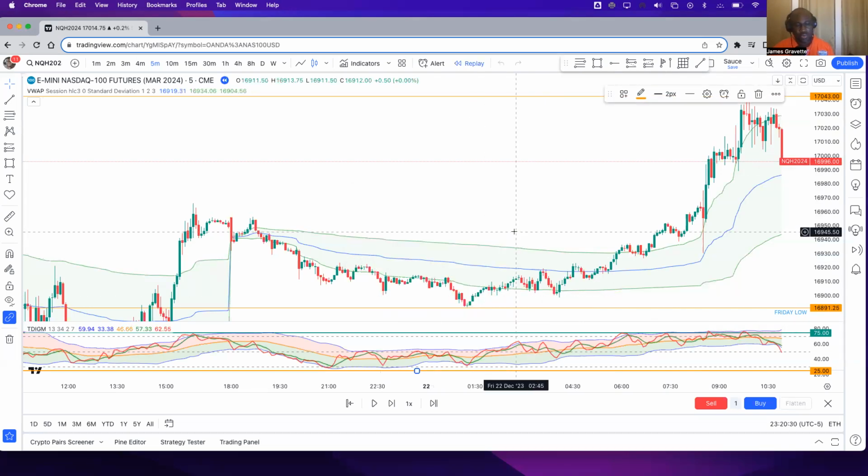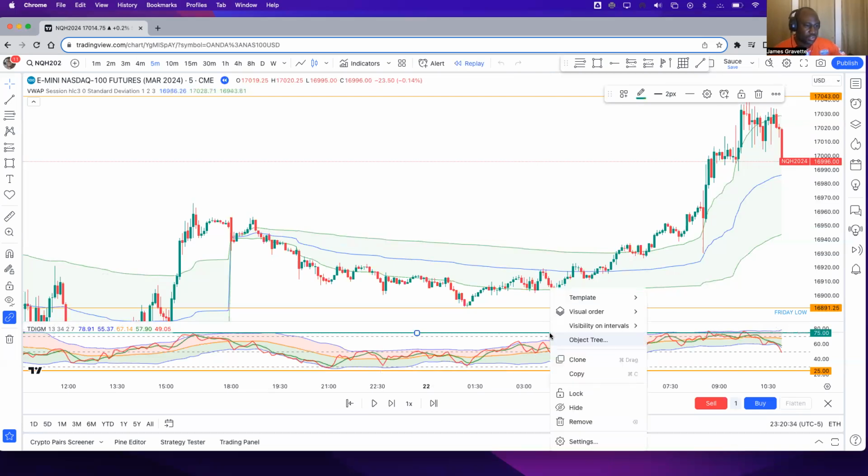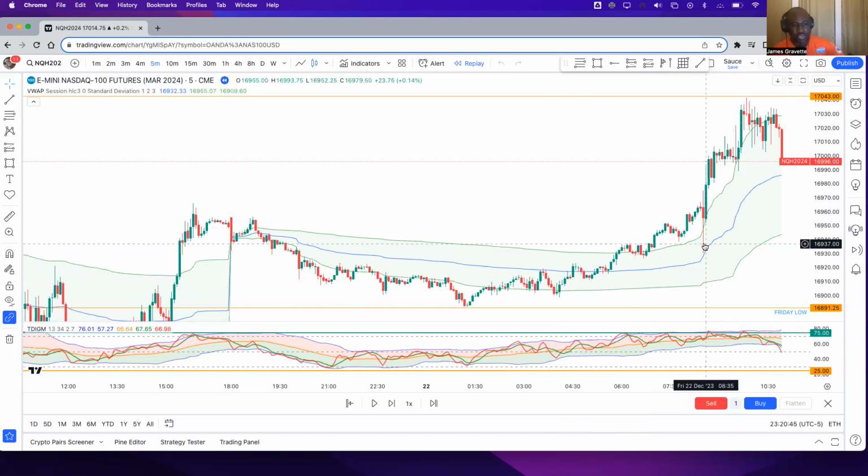Okay. And what I want to do is set alerts. So I can set an alert to tell me when the market is about to hit 5 points from these, right? If I'm not watching, if I need to step away and do something. Okay.